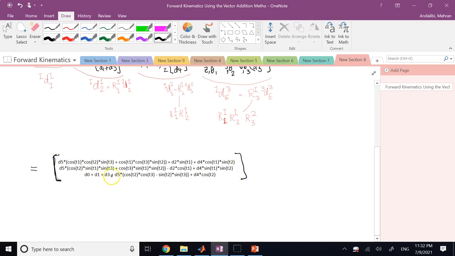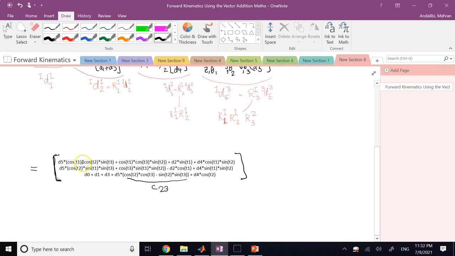d0 plus d1 plus d3 plus d5 cosine of t2 times t3 minus sine t2, t3. And you can always simplify this as cosine of t2 plus t3, so you can write it as c23.